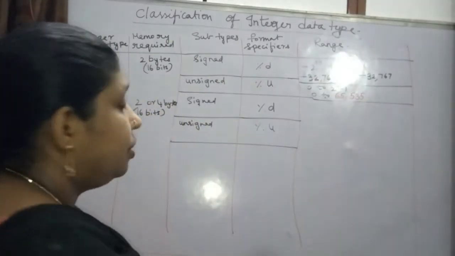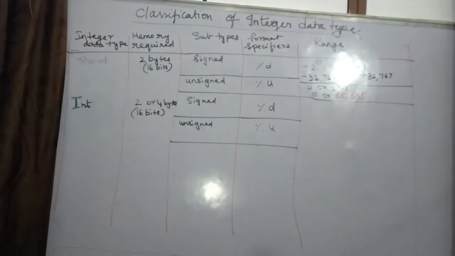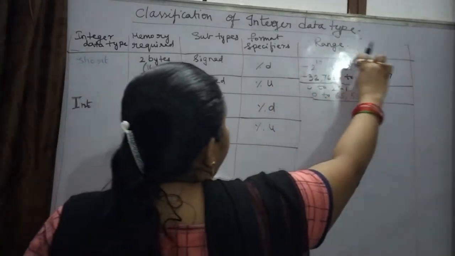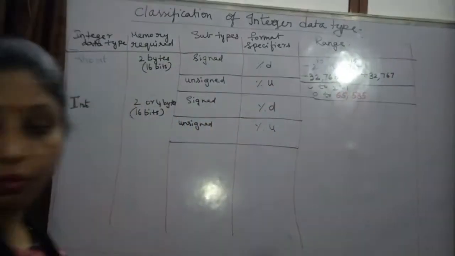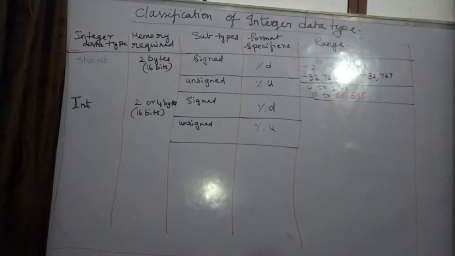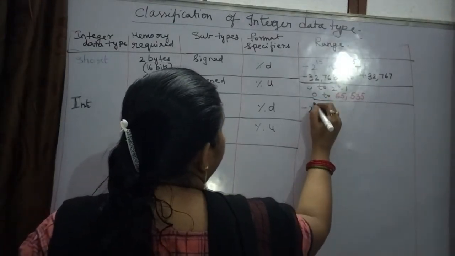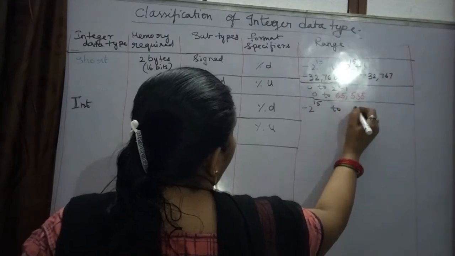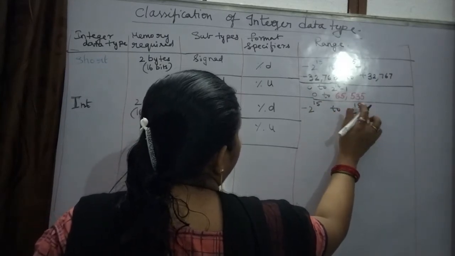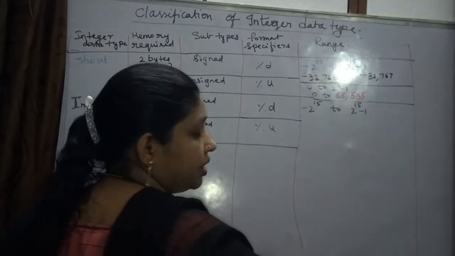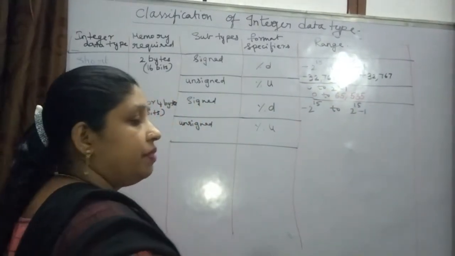Understood? Now the range we calculated first will come for signed, and for unsigned the same thing will come. So for signed, minus 2 to the power of 15 to 2 to the power of 15 minus 1, that is, minus 32,768 to 32,767.